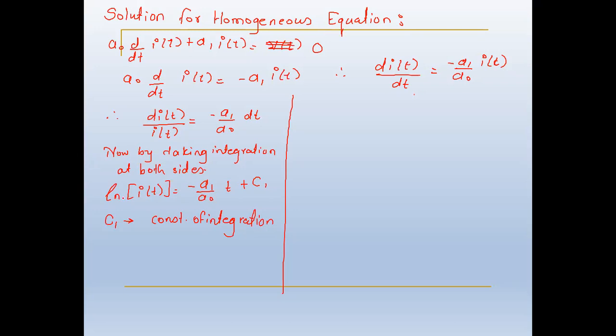For mathematical simplicity, we can express minus a1 by a0 of t as natural log of e raised to minus a1 by a0 into t.